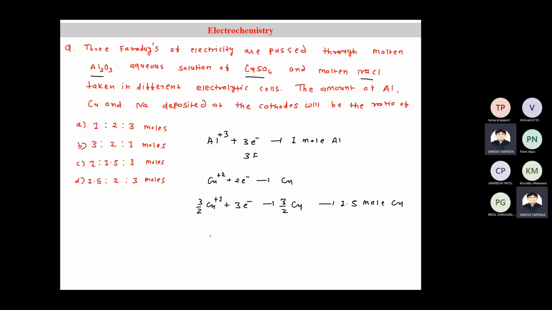What about sodium? NaCl માં cation Na plus છે. એ રીતે multiply કરી દો, so it will give 3 moles.